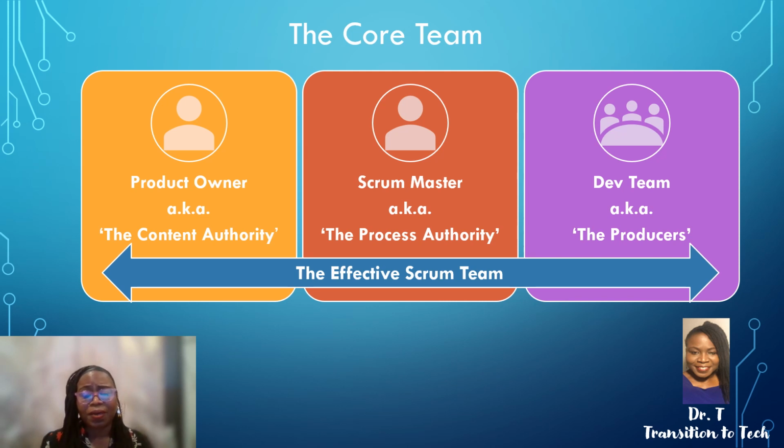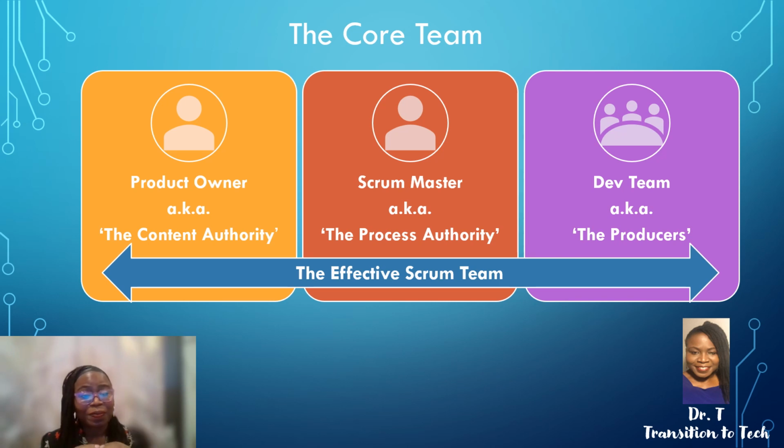The dev team also creates the sprint backlog based on the product backlog that the product owner owns. So the epics that the product owner creates are decomposed and distilled down to workable items that become a part of the sprint backlog, and that's the responsibility of the dev team to create those user stories that are traceable back to the epics in the product backlog.